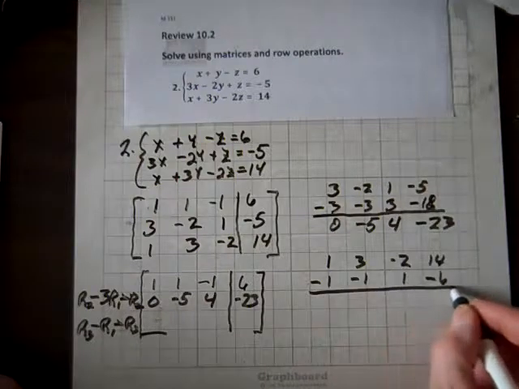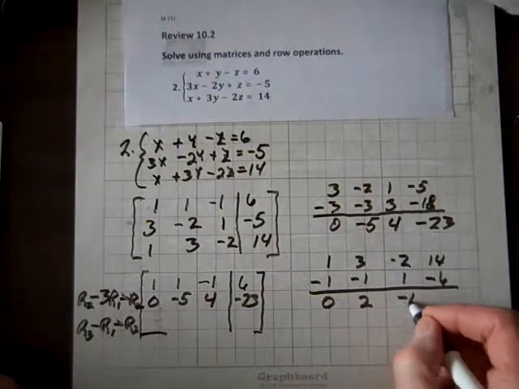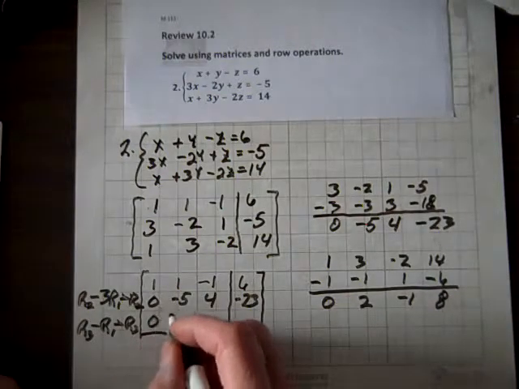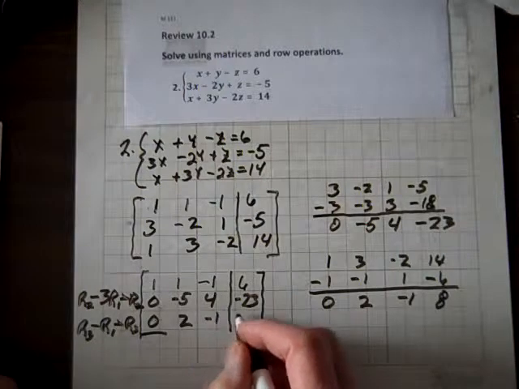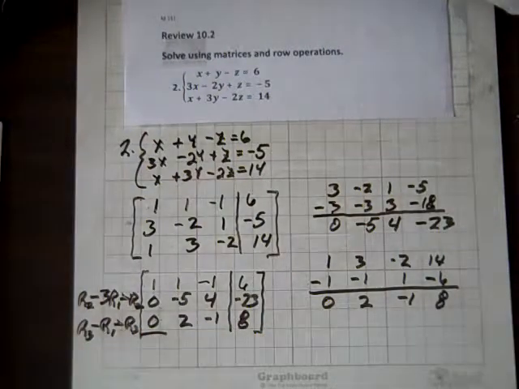Add these up. There's our 0. We get a 2, a negative 1, and an 8. So 0, 2, negative 1, and 8. Good, we have zeros in both of those positions.